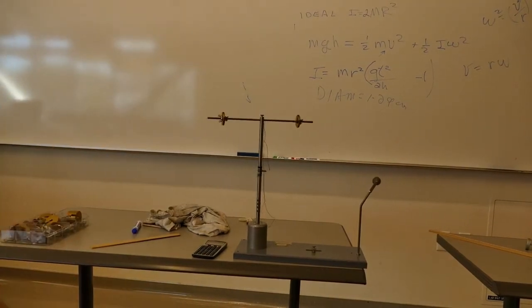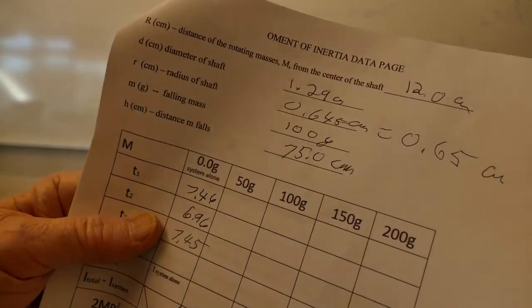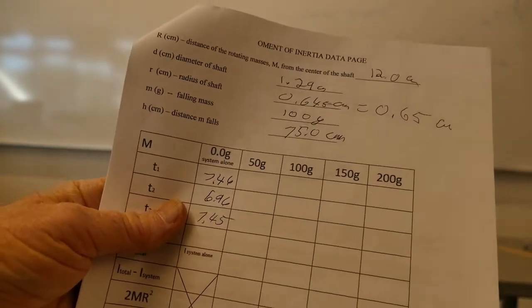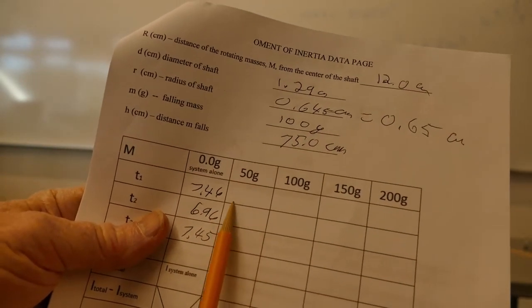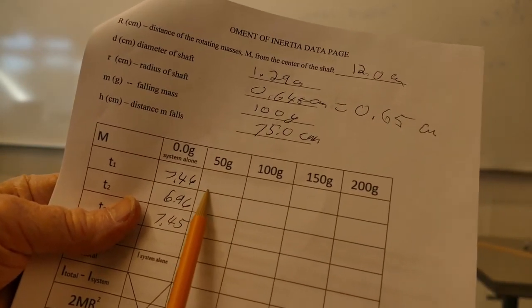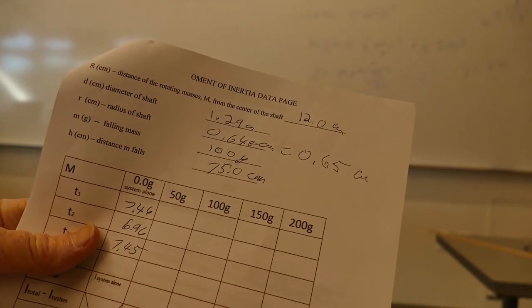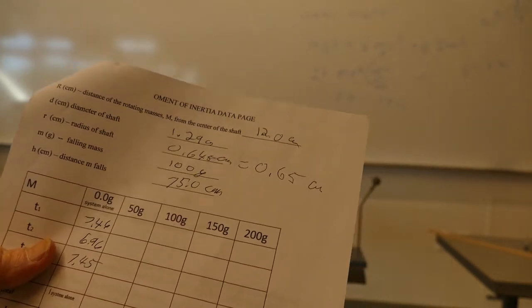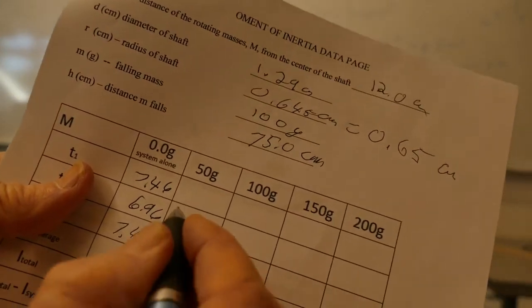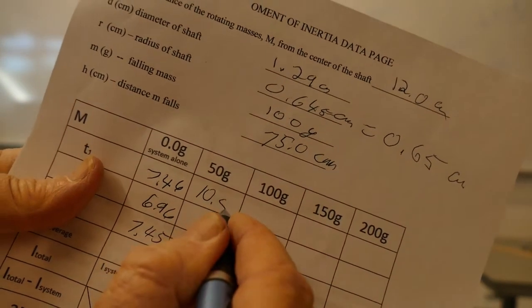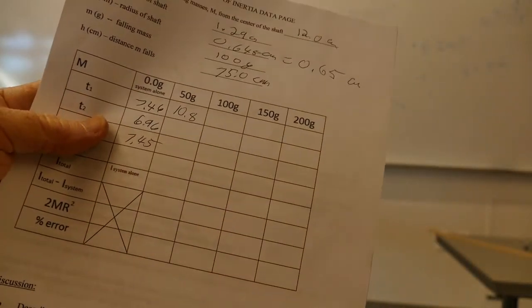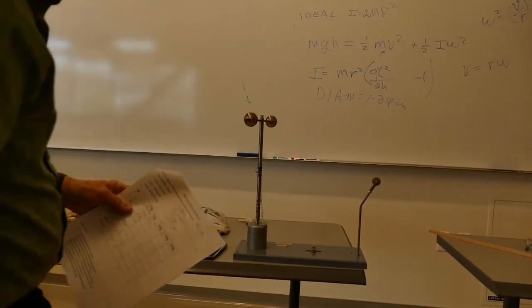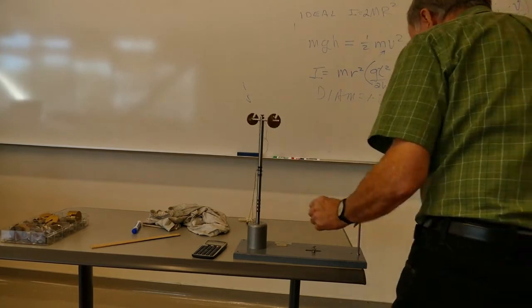Now we have 50 grams hanging from the hanger. So we're going to record that time as 10.8 seconds for our time T1. Let's do it another time to get an average.